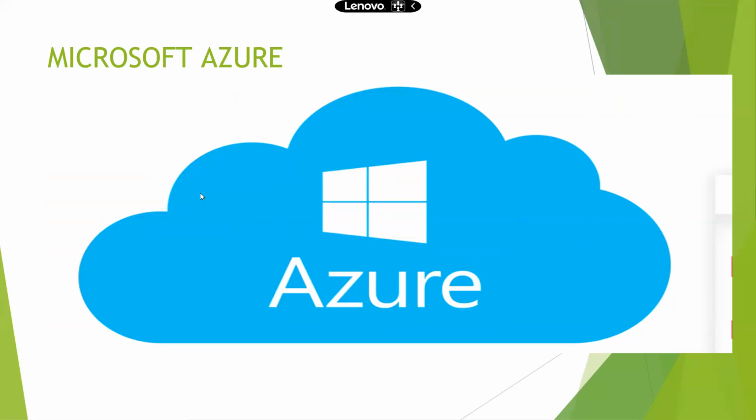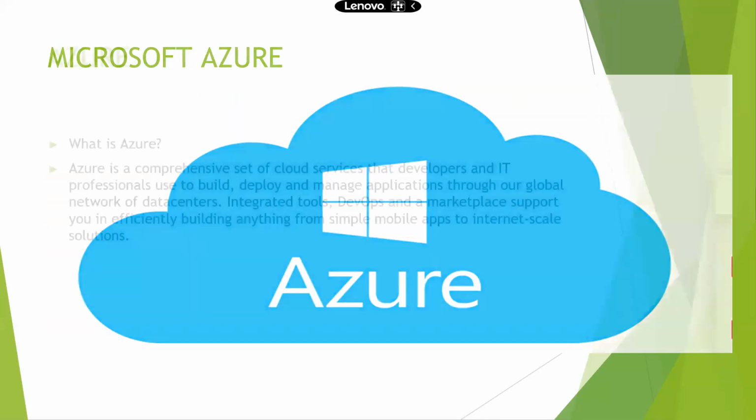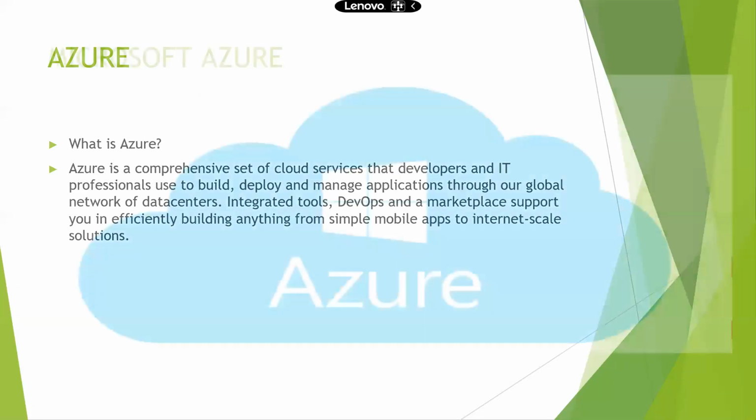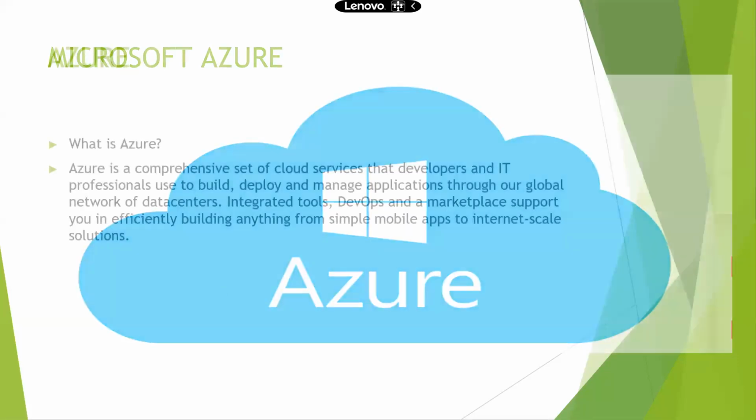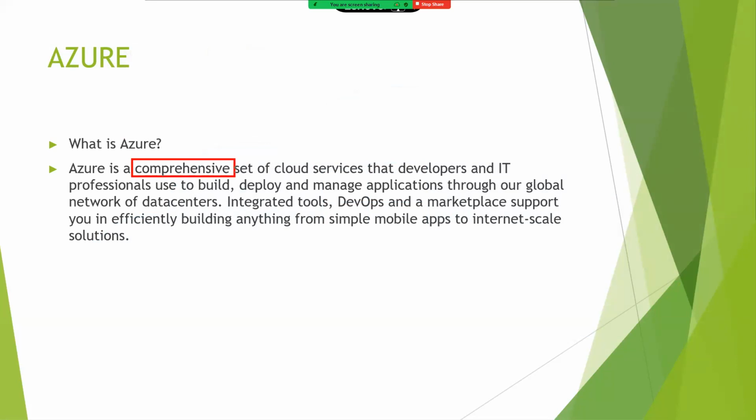Now, tell me, what is Microsoft Azure? This is the Microsoft interview question. What is Microsoft Azure? Azure is a comprehensive set of cloud services. Note it down. Comprehensive means a set, a group of top cloud services with enterprise features.